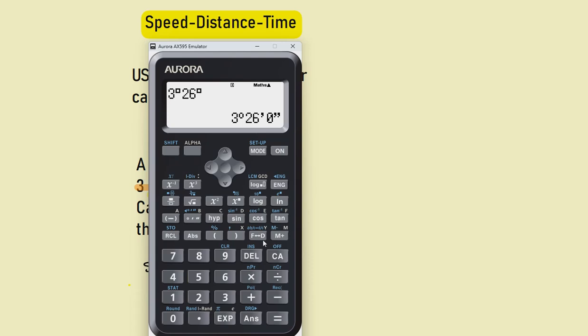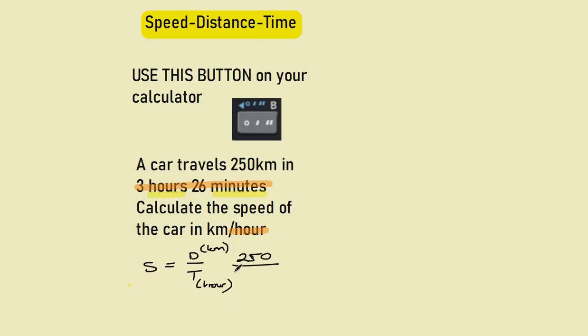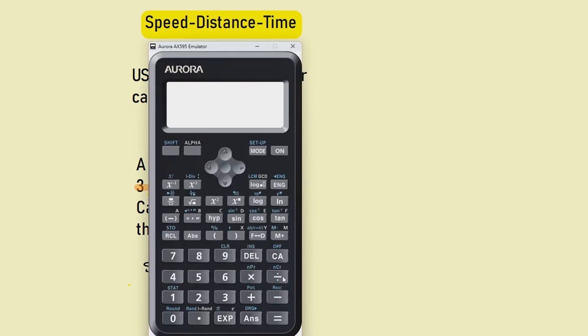Now, by pressing your fraction to decimal button or your SD button on the Casio, you will see that it first converts it into a fraction and then it converts it into a decimal for you, 3.43 recurring. Now I can use that calculation, 3.43 recurring. I'm going to type it like that into my calculator.